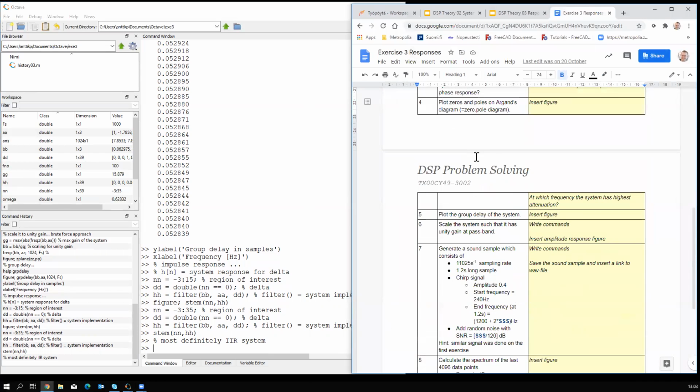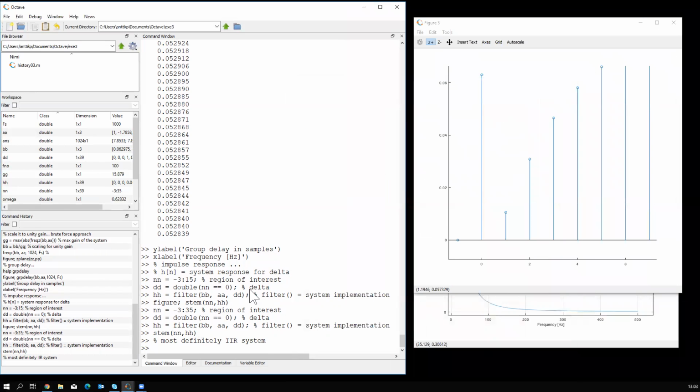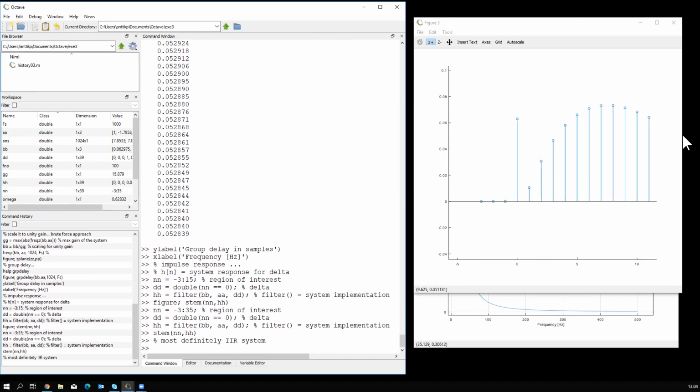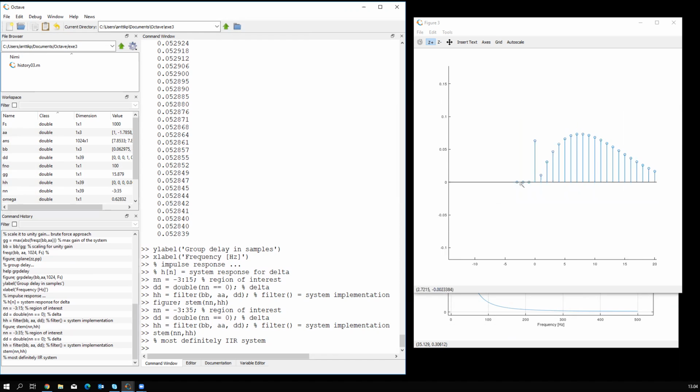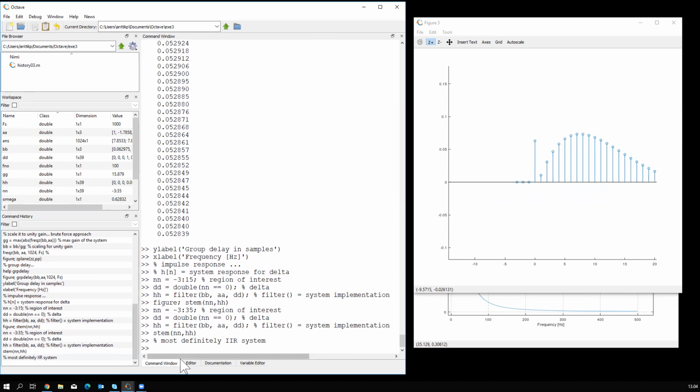So now we have more or less analyzed the system on frequency and time-based. On time-based, most important is the impulse response. We could actually also calculate the step response, while we are here.